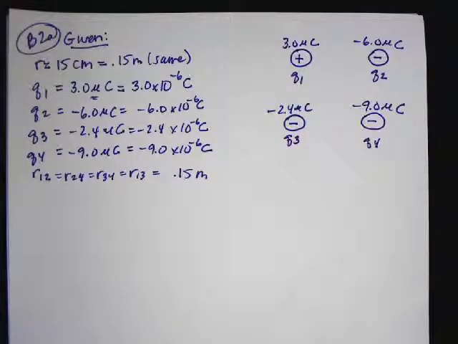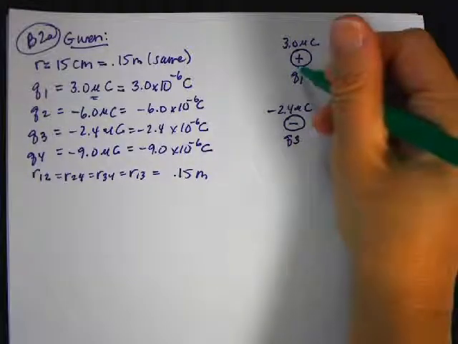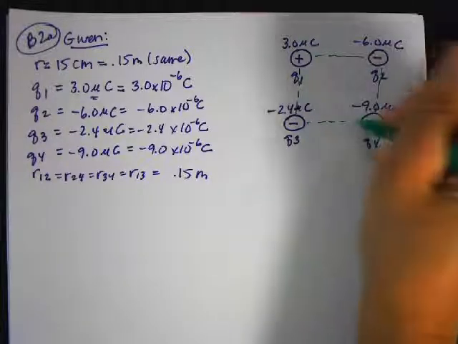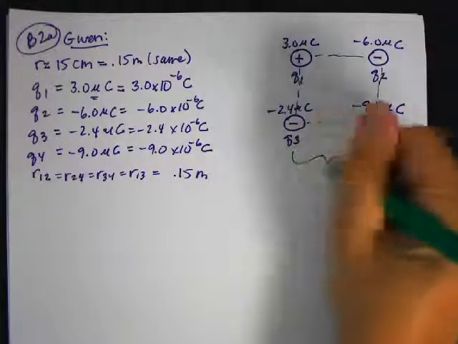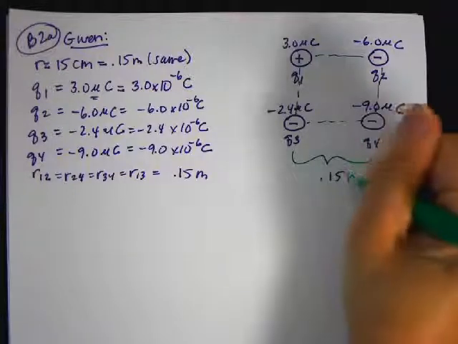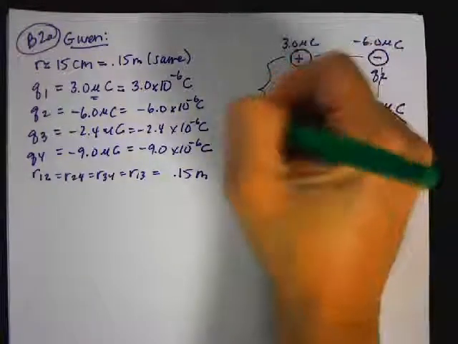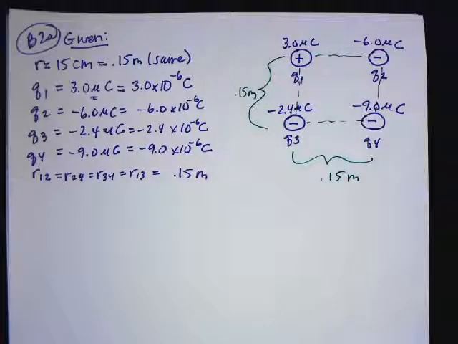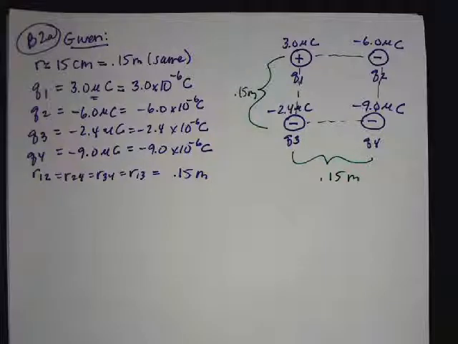Now remember, they told me that this distance here, because it's a square, each one of those is 0.15 meters. So what we're going to do is use Coulomb's law to find the force between the charges.